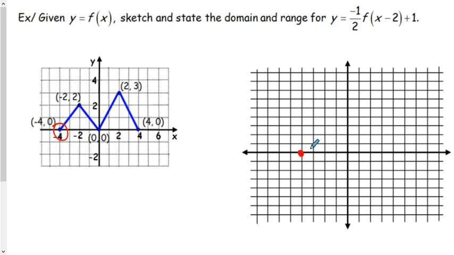But this is going to be where we're going to do the translated one. So first of all, we're going to reflect it in the x-axis. Now this is already on the x-axis, so it doesn't reflect at all, right? So it's not going to flip because it's already on the x-axis. It's like sitting right next to a mirror. Now we know we need to divide our y values by 2. Well, our y value is already 0, so dividing that by 2 doesn't change it.